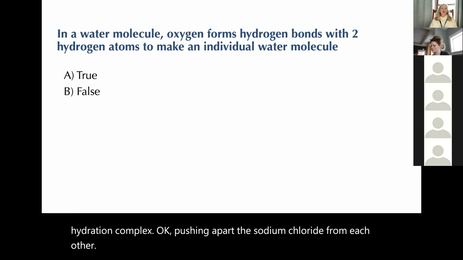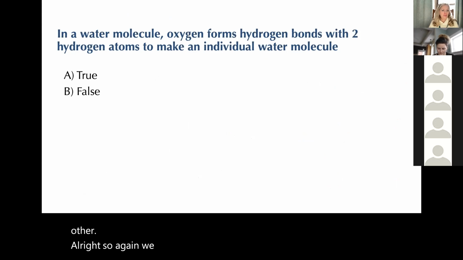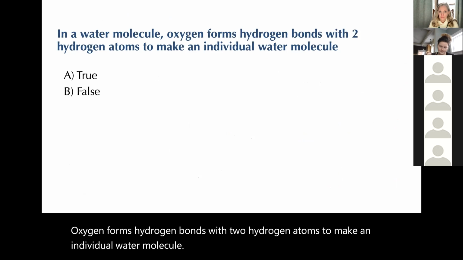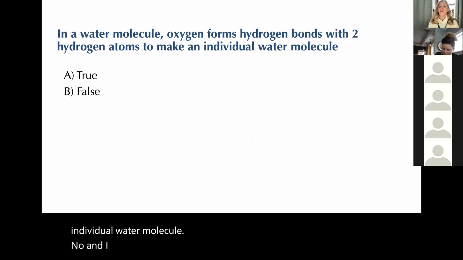All right, so again, we did this yesterday, but it's so important. So in a water molecule, oxygen forms bonds with two hydrogen atoms to make an individual water molecule. I hope you all get this now.